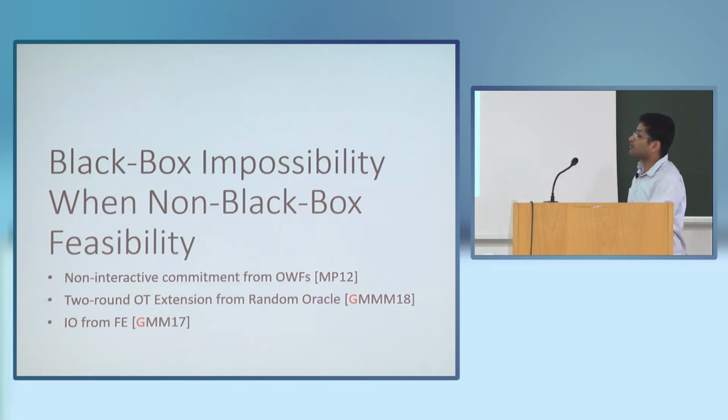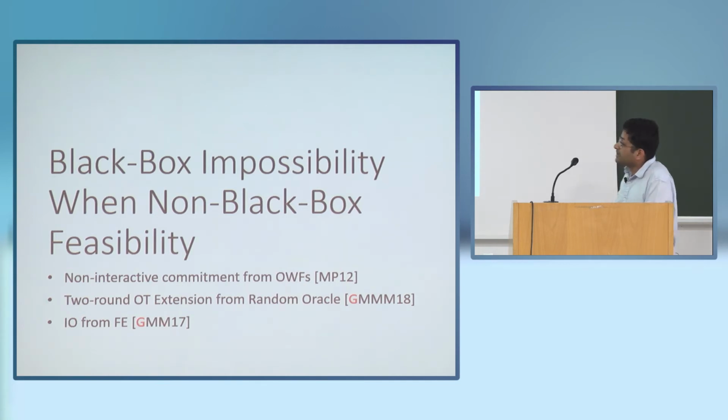So that's worthwhile to do. Okay, so there are many results here. For example, one by Mohammad and Pass with non-interactive commitments from one-way functions, and we have two-round OT extension from the random oracle model, while this is impossible in the black box setting, while we have positive results in the non-black box setting.